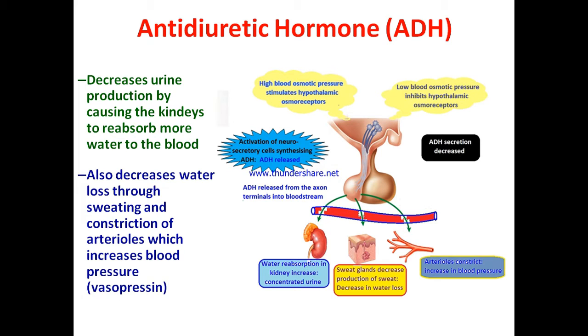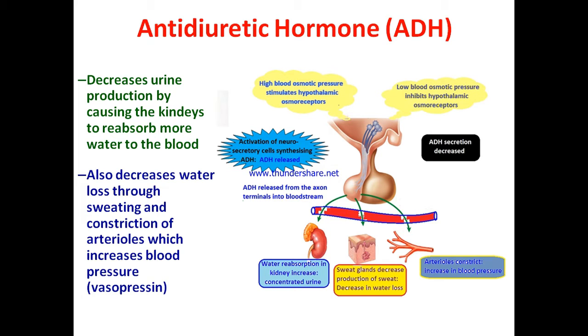When the volume of blood decreases, it automatically decreases blood pressure. That is not good for the body. So to increase the blood pressure, the ADH constricts the arterial wall. As a result, arterioles become smaller and it increases blood pressure. So the blood pressure will be maintained.